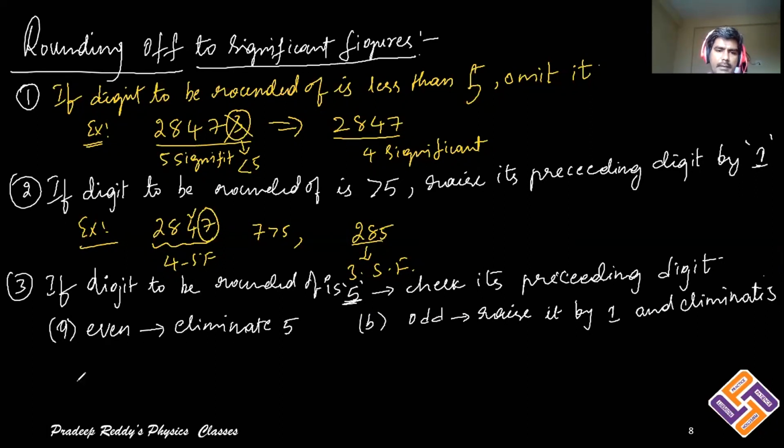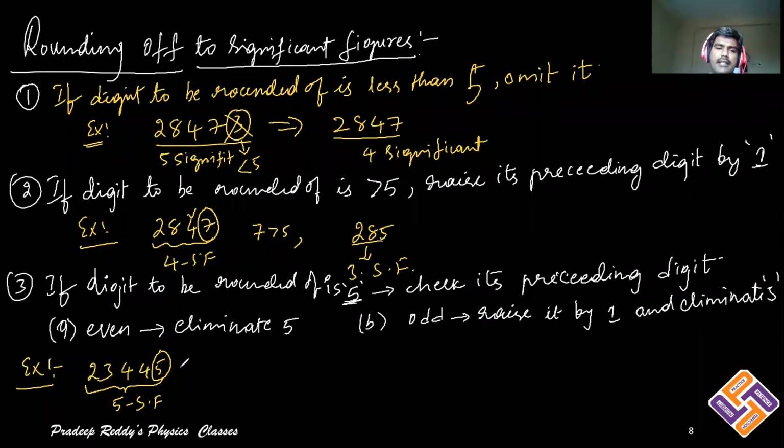I'll tell you one example. Check this example. You have 5 significant figures: 2, 3, 4, 4, 5. How many significant figures are there in this? There are 5 significant figures. I want to round off this last digit. But what is the last digit? It is neither greater than 5 nor less than 5.